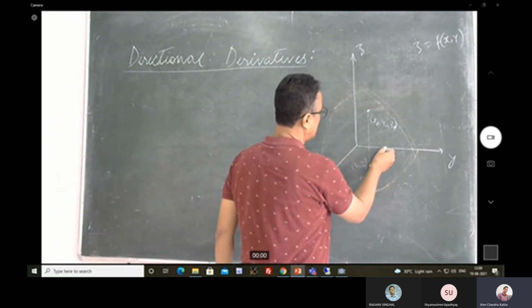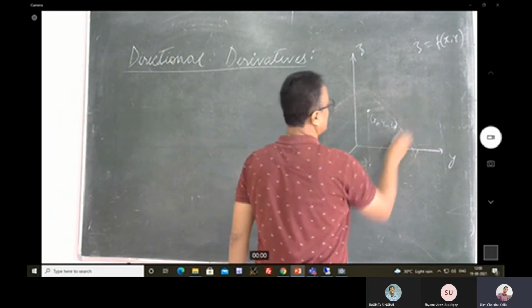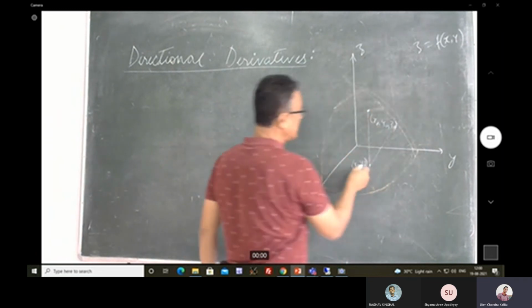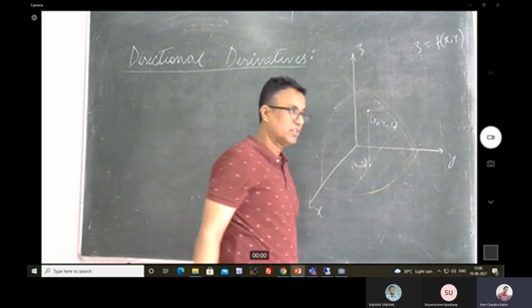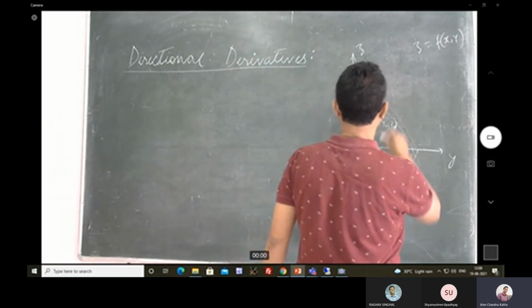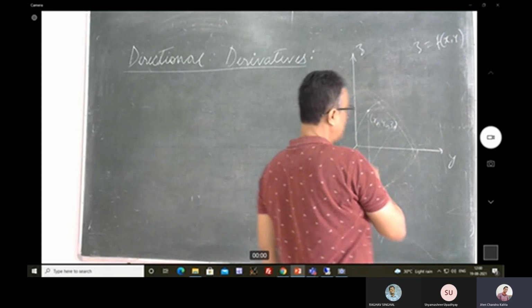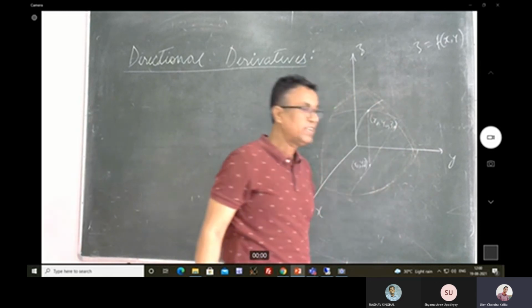You simply drew a plane, right? A plane y equal to y0 and x equal to x0, right? And those planes, what did they do? They cut the surface into two curves, right?